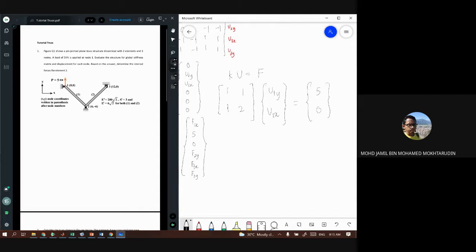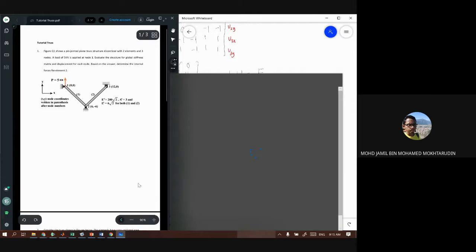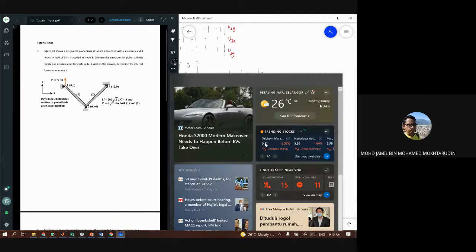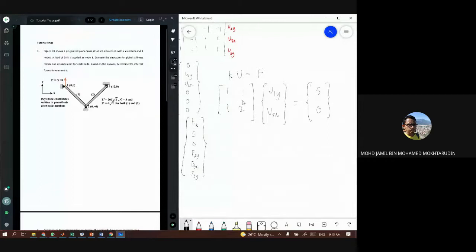In the calculator, if you have a Casio 570 ES, you can solve the matrix simultaneously. I'm not sure whether you know how to do this, but I will show you anyway.